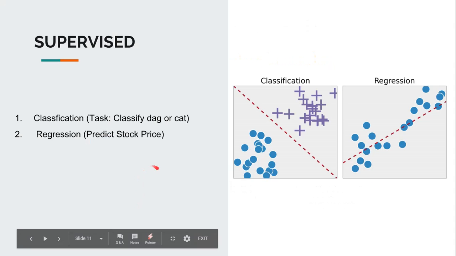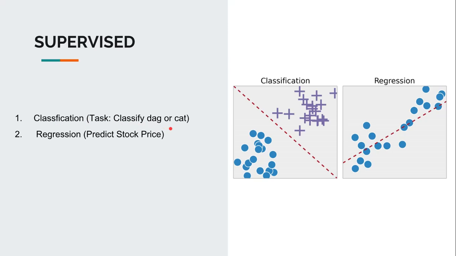For example, take a classification problem, where the task is to classify whether the image we are supplying is of a cat or a dog. One thing to note is that supervised models are task driven. They are designed to learn a specific task, like here, the task is to classify a dog or a cat.